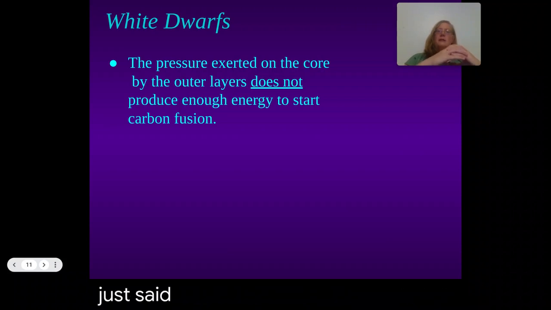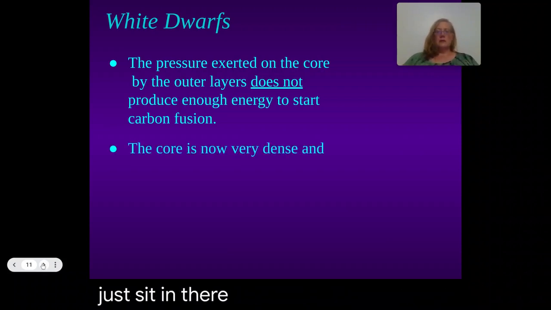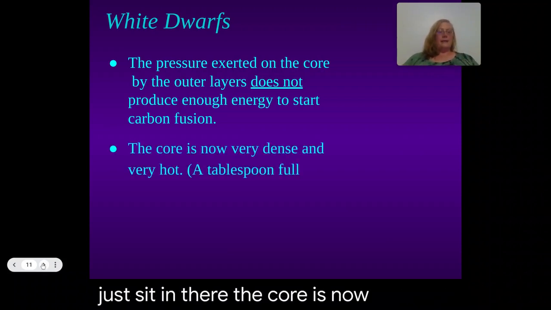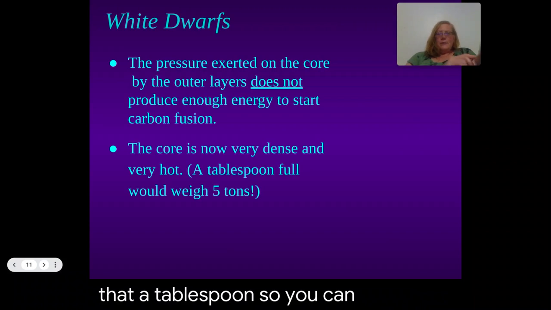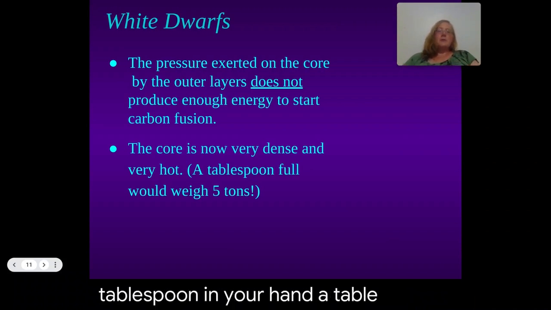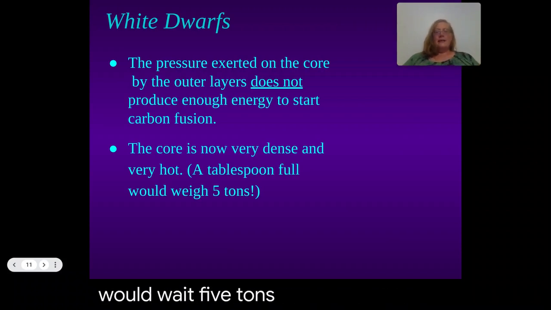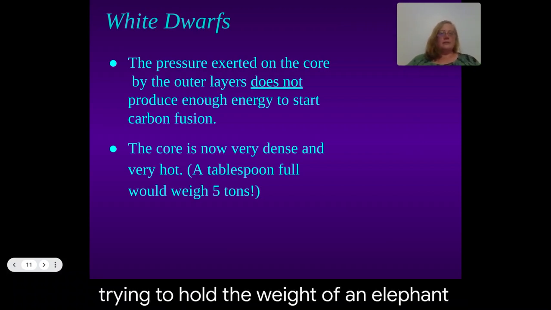Carbon's just sitting there. The core is now very dense. How dense is it? It's so dense that a tablespoon would weigh 5 tons. That's the weight of an elephant. Think about that, trying to hold the weight of an elephant in your hand.